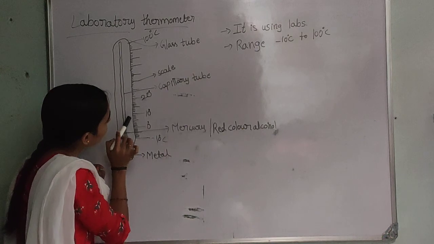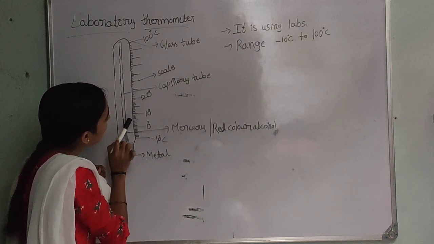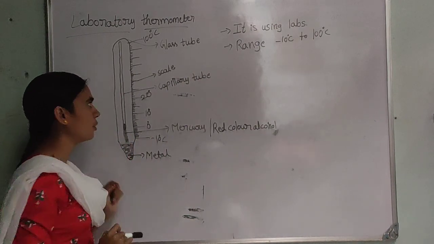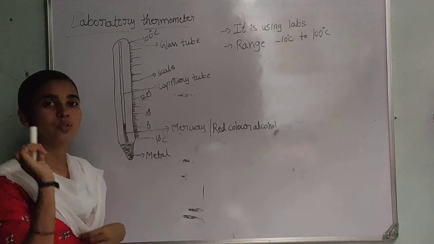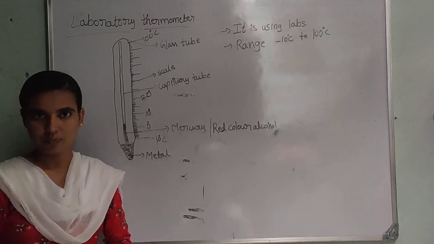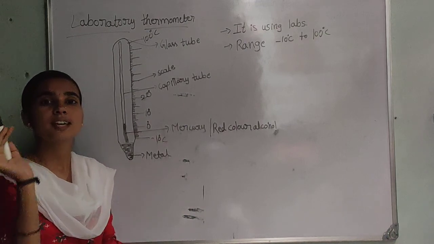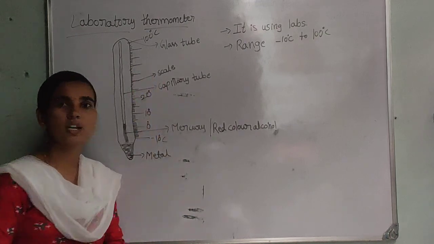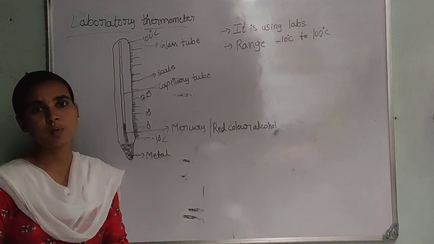The divisions on it indicate 1 degree, 2 degree, 3 degree, 4 degree Celsius. This scale is the same as the scale you use, the same scale is present on the laboratory thermometer.